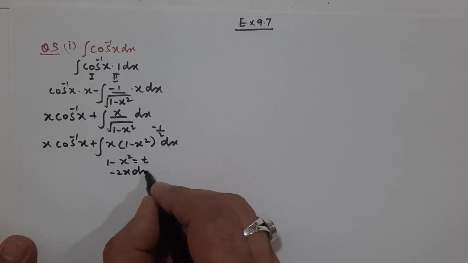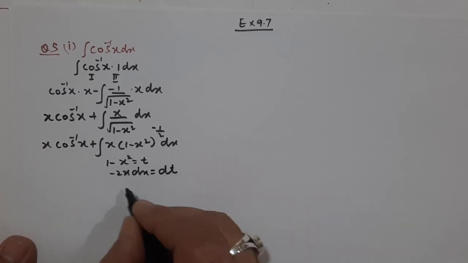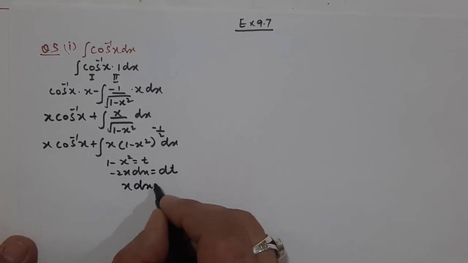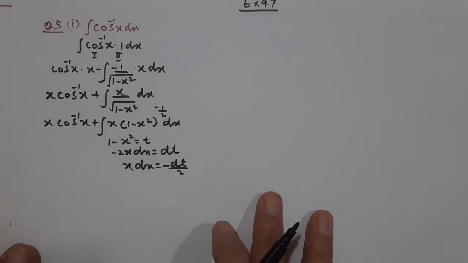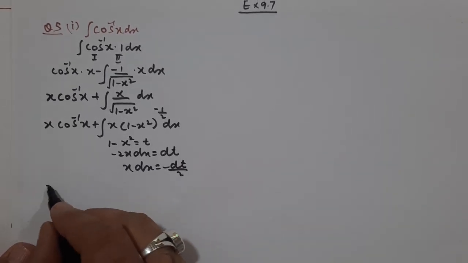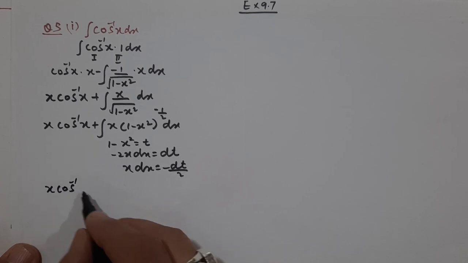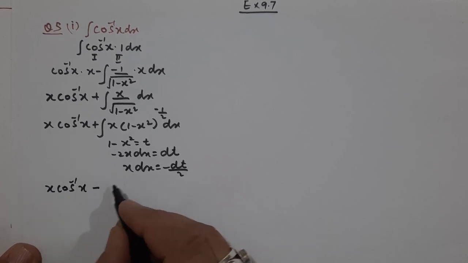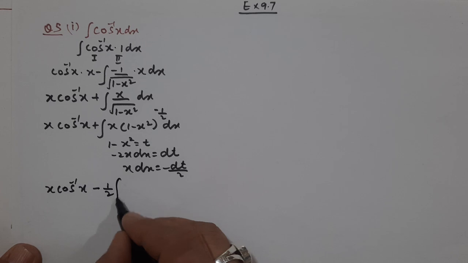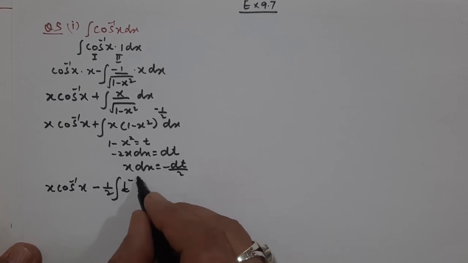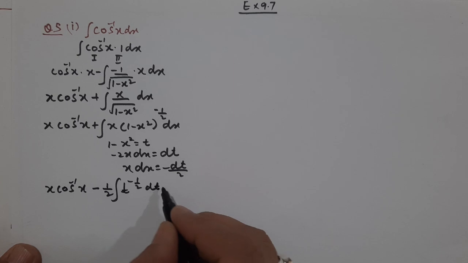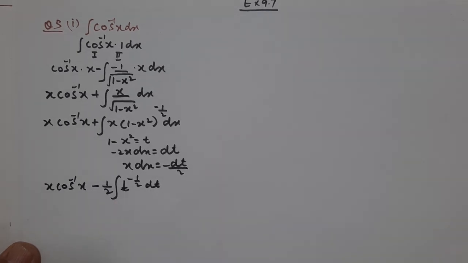On differentiating, we get minus 2x dx equal to dt, and x dx equal to minus dt upon 2, like this. So our question becomes x cos inverse x minus dt upon 2, and this will be t to the power minus half dt. So after putting, the integral will become like this.